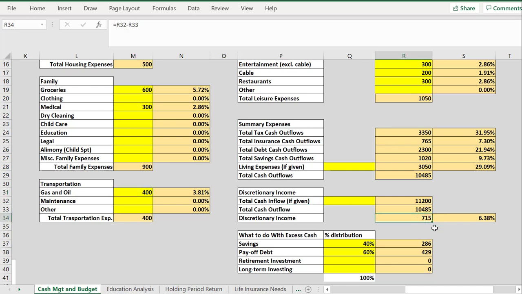This is the magic number: discretionary income. Are you spending more money than you have coming in the door? If this number is negative, the only way you can be surviving is by borrowing. So again, just very quickly, I just want to talk about this cash budget. And I think maybe you should try this out for yourself, right?